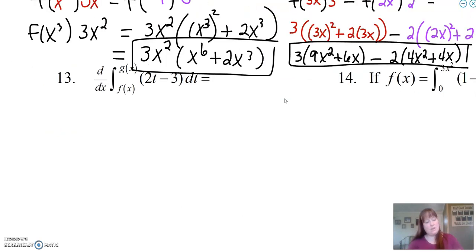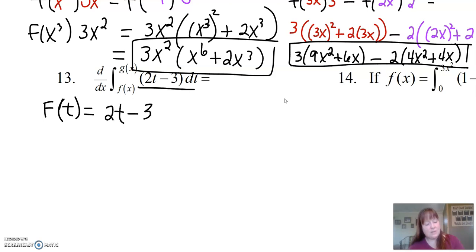Let's take a look at this one. Here we have g of x and f of x. First, let's define our original little function that we're going to be using. Let's say this is big F of t, and that's 2t minus 3. This is v, this is u, so we just plug them in.